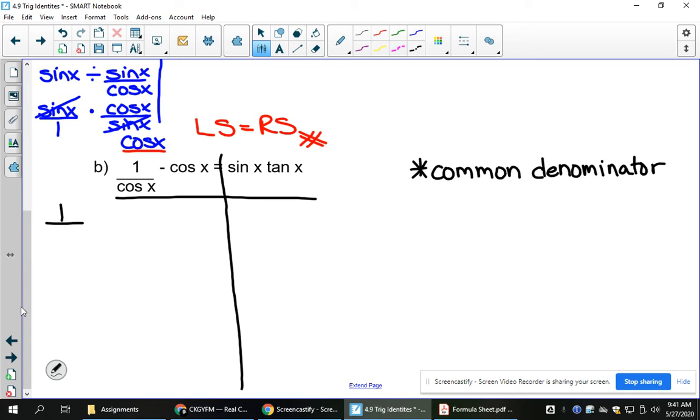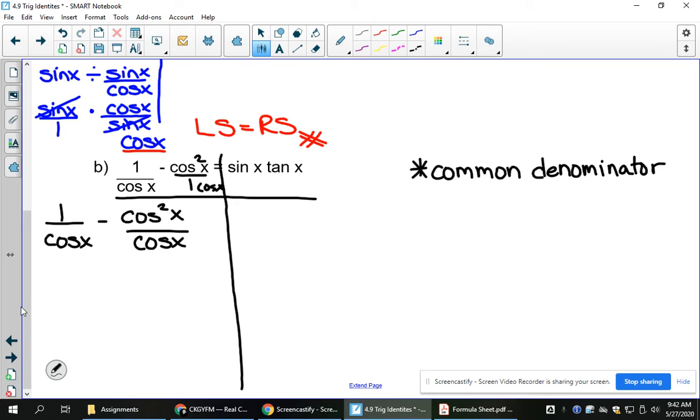We've got 1 over cos x minus. This currently has a denominator of 1. So what do I need to multiply this by to make cos x in the bottom? Well, if I multiply the bottom by cos x, I have to multiply the top by cos x. If you take the original cos and multiply it by another, you get cos squared x.